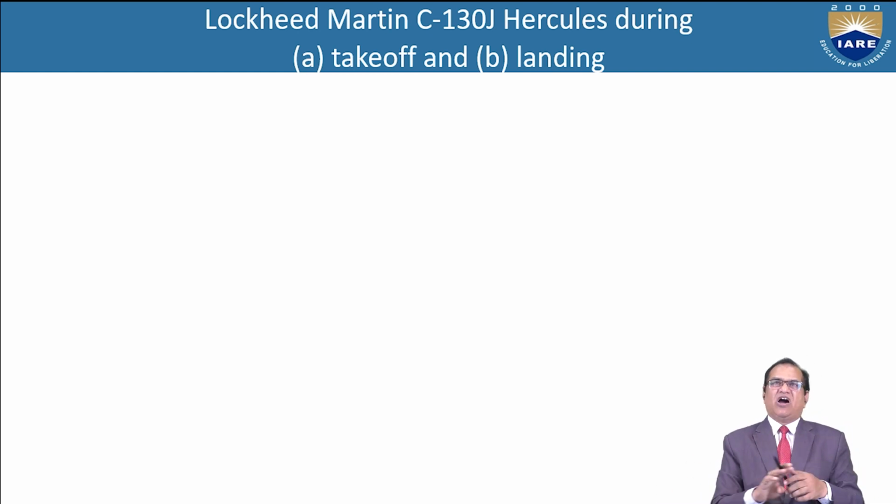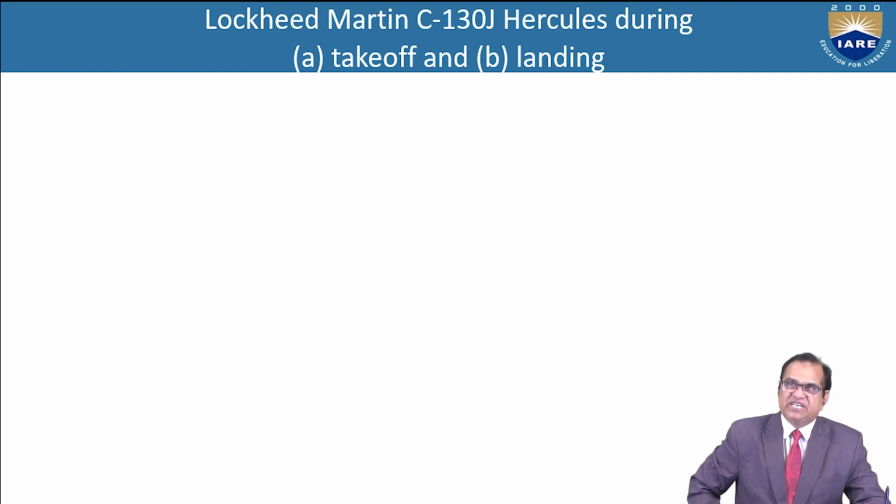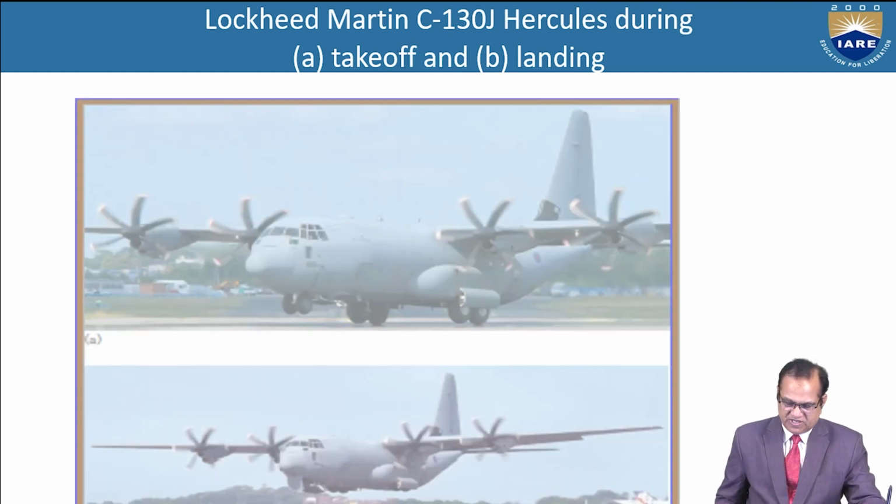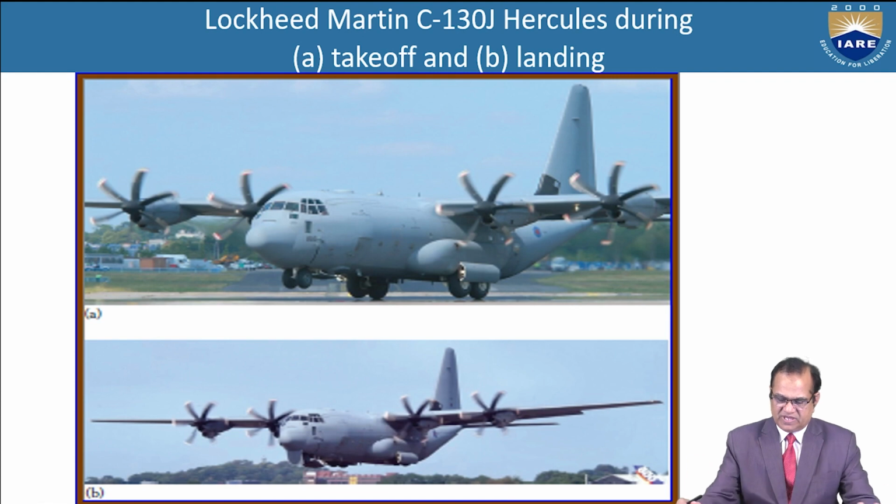So here we will see the Lockheed Martin C-130J Hercules during A, takeoff, and B, landing. The C-130J is a very big propeller aircraft which can land on a very rough runway.